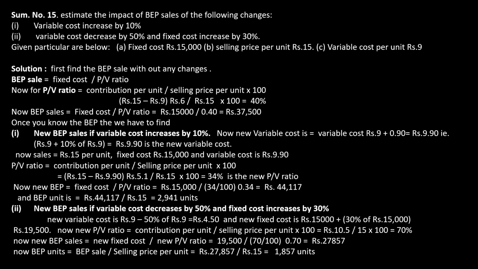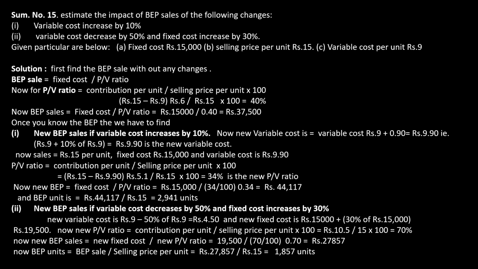The given data here are fixed cost is 15,000 rupees, selling price per unit is 15 rupees, and variable cost per unit is 9 rupees. Is it clear? This is the data given in the sum.